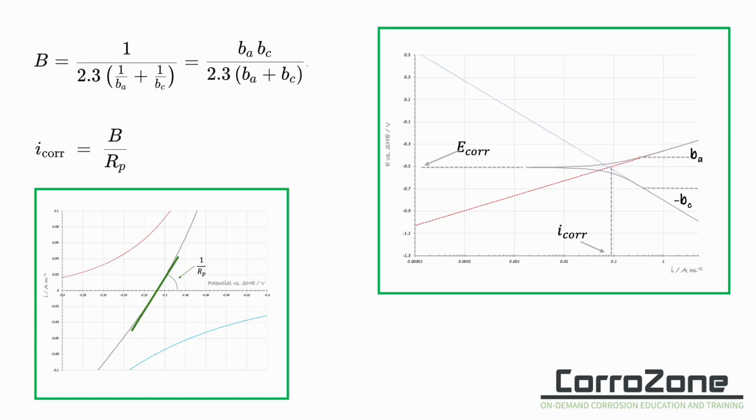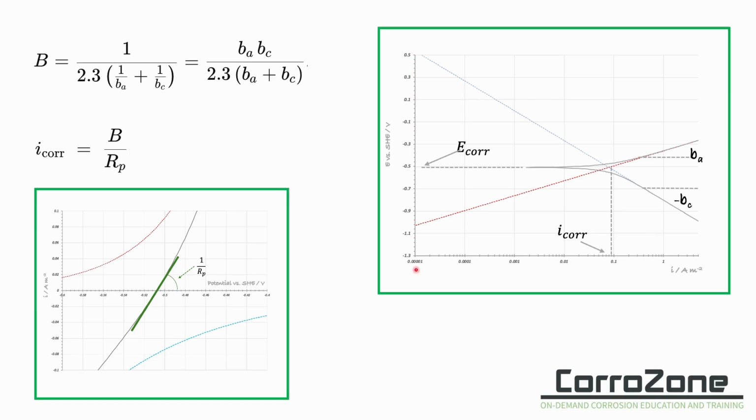The final step is to understand how to obtain Ba and Bc for use in the Stern-Geary coefficient. We can obtain their values by performing a large-scale potentiodynamic polarization on a specimen that is undergoing corrosion in the same environment as the specimen we want to study non-destructively, plotting the response on a semi-logarithmic scale.